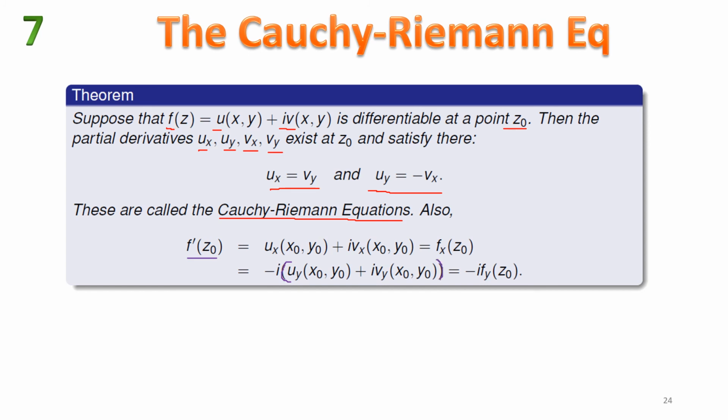This can be written as minus i times fy, which is differentiation of f with respect to y.